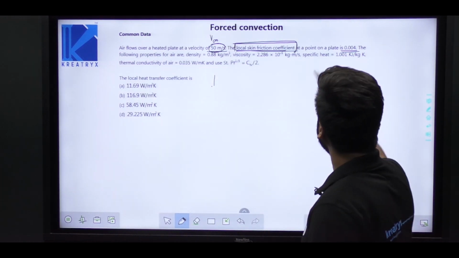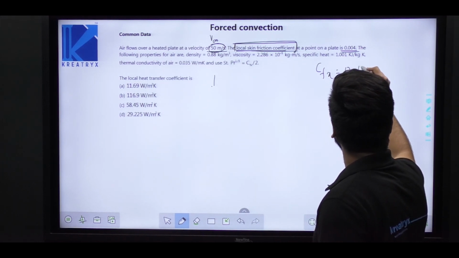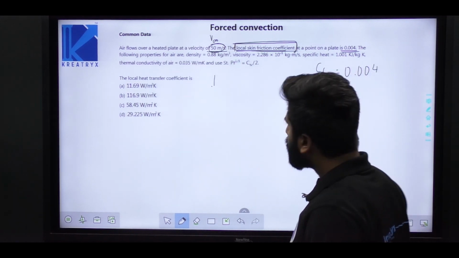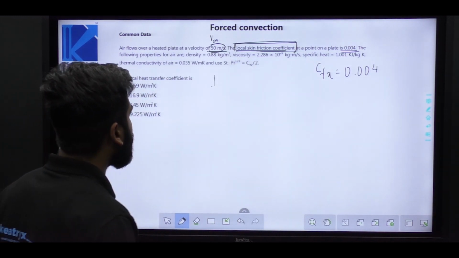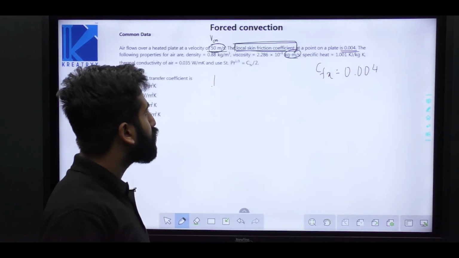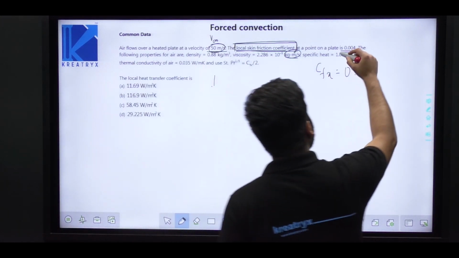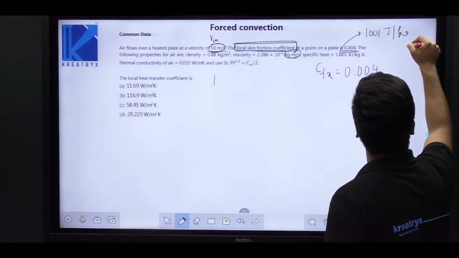Local skin friction coefficient, that is CFX, is equal to 0.004. The following properties for air are given. The density is given, viscosity, that is dynamic viscosity. Specific heat is in kilojoule per kilogram Kelvin, so that will be 1001 joule per kilogram Kelvin.